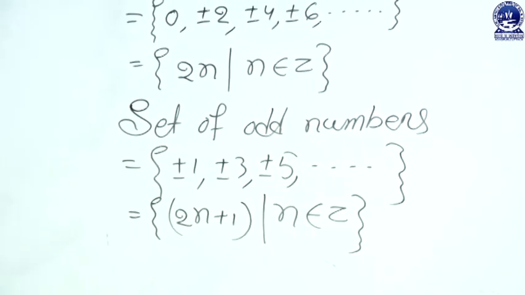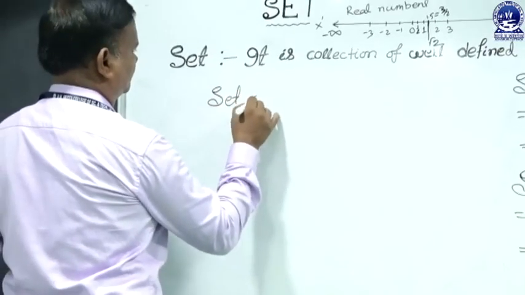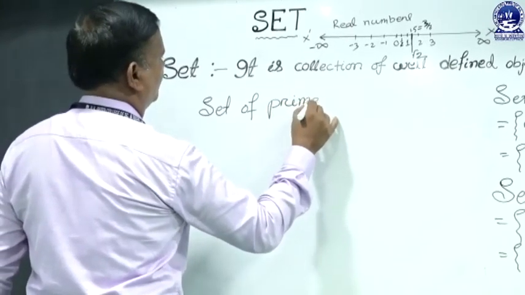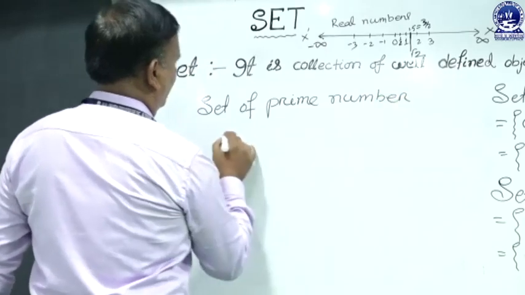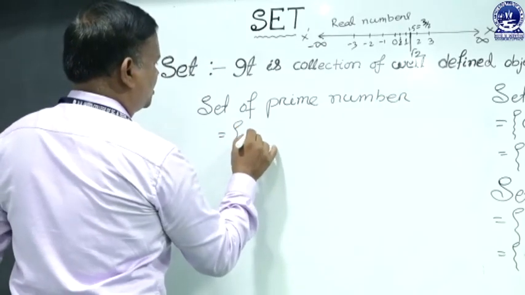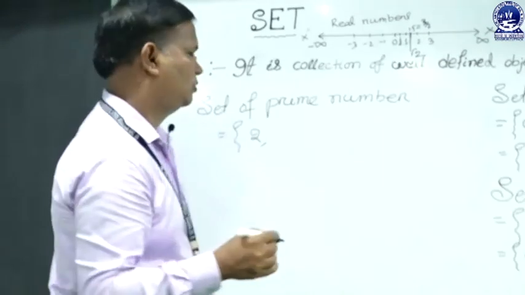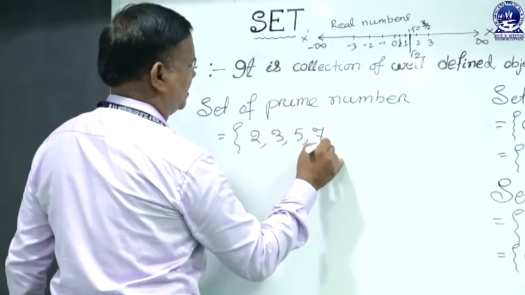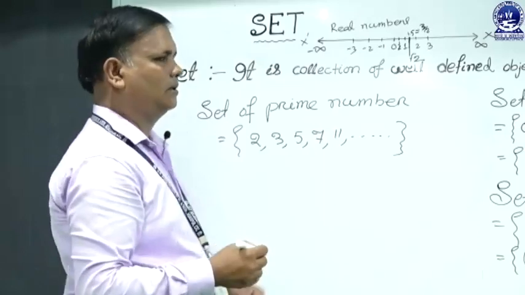Now we discuss the set of prime numbers. 2 is the first, or least, prime number. 2, 3, 5, 7, 11, these are called prime numbers.